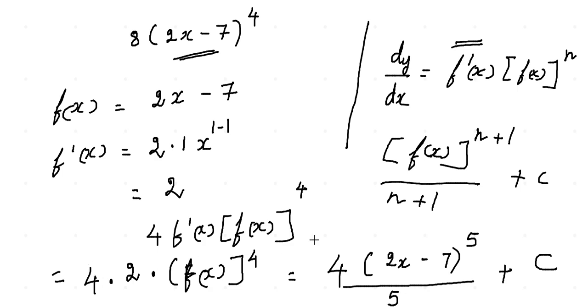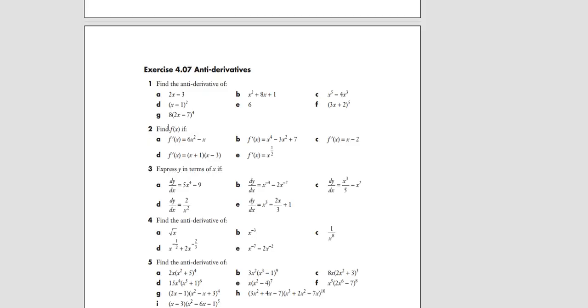And then you find the answer. Okay, so that's the kind of problem that we have, and I finished off the first one. Now, the second one, instead of saying find the antiderivative, all they're saying is find f of x if f prime of x.